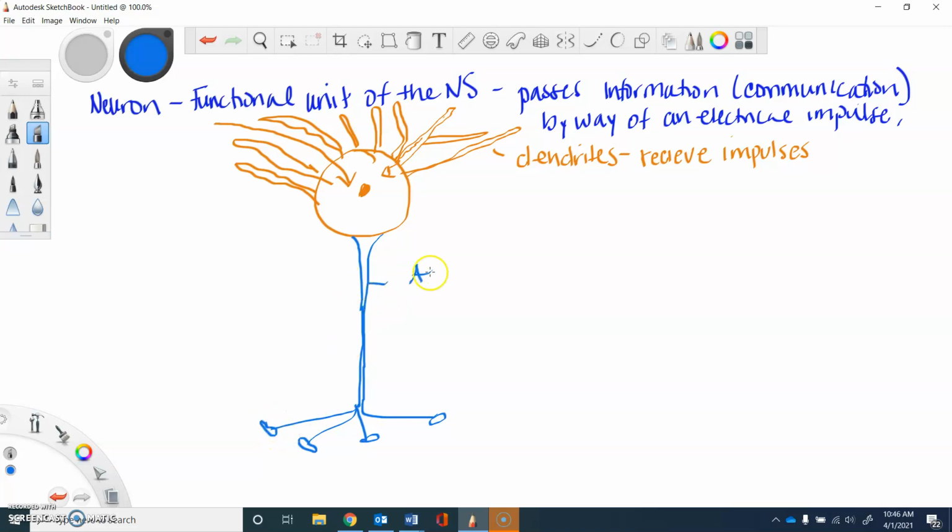So this is the axon, and it conveys impulses or sends them. And again, at the bottom of it, the axon will split up into axon terminals.